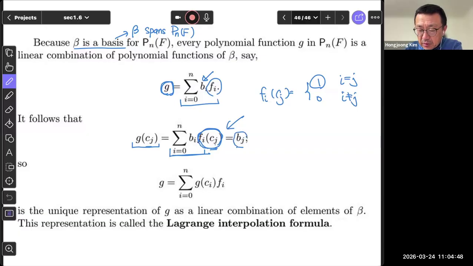So that means b sub j, the coefficient of this linear combination, will be the value of this polynomial g at c sub j. So if you plug in c sub j to the polynomial, then I can find this expression. Do you understand what I'm saying? So any polynomial can be written as a linear combination of these basis functions, which are Lagrange polynomials.